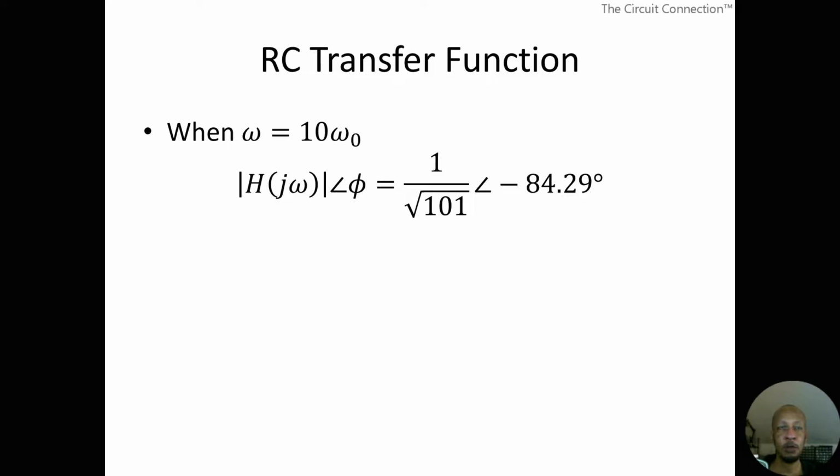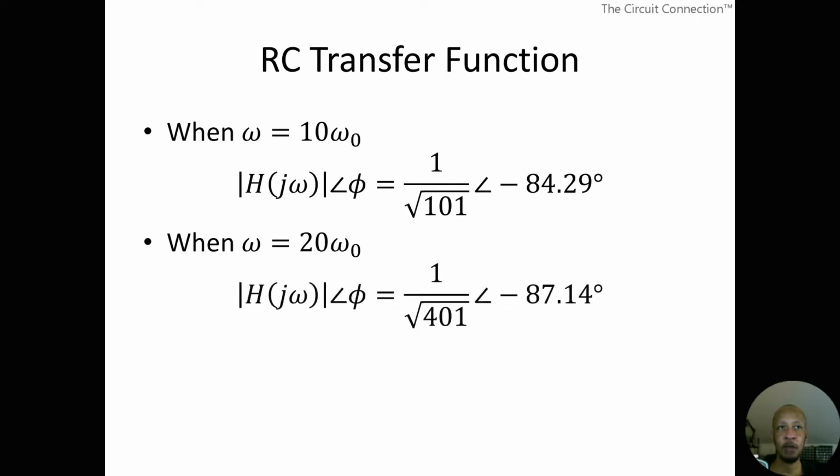When W equals 10W0, you have 1 over the square root of 101 at an angle of negative 84.29 degrees. When W equals 20 times W0, you have 1 over the square root of 401 at an angle of negative 87.14 degrees.